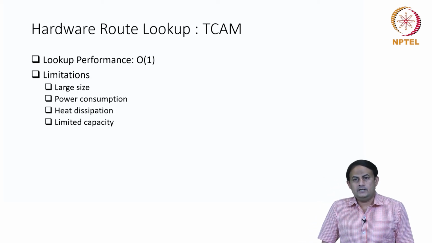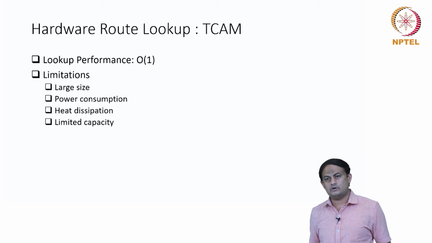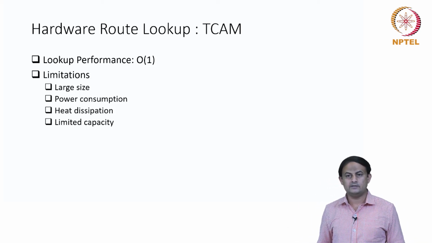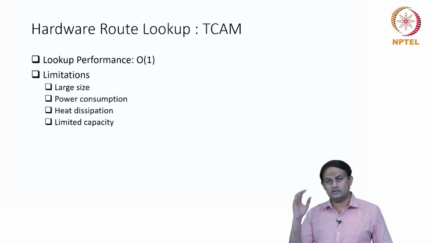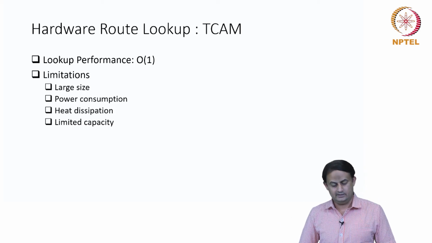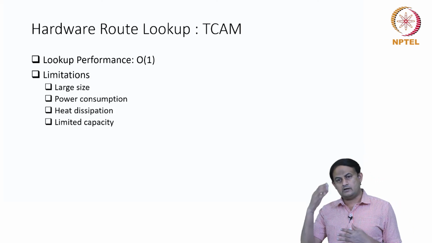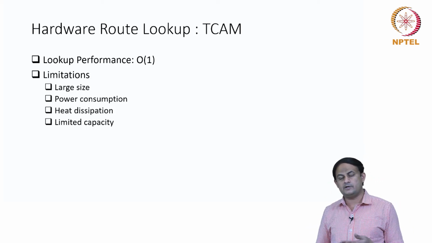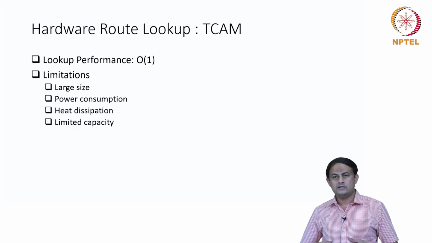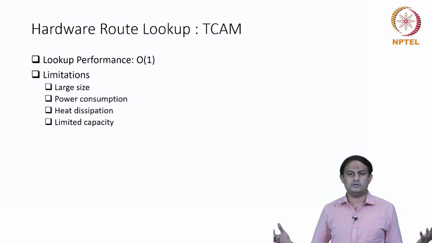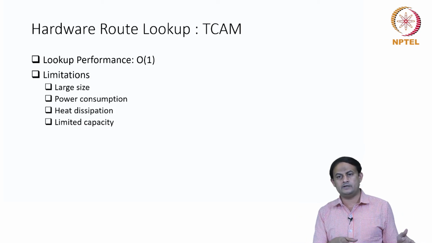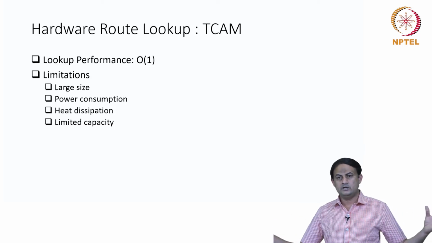But unfortunately, using TCAM memory will not solve the lookup operation completely. There are certain practical limitations of the TCAM memory. One is that it is large in size. Because of the parallel comparison that the TCAM memory is doing, the hardware circuitry itself is bulky in nature. It might have a large number of flip-flops embedded in it by virtue of its physical size.